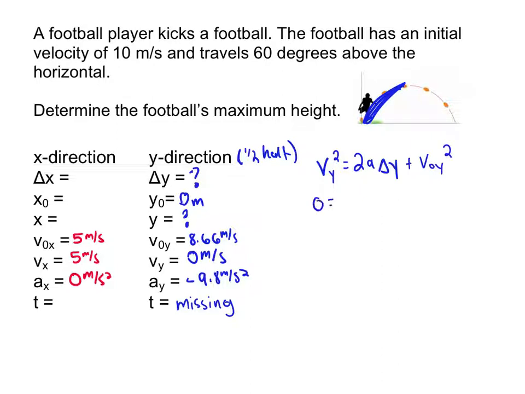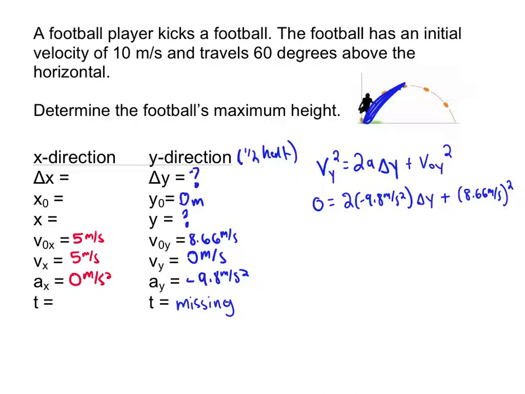Plugging in the things that we know, we have 0 is equal to 2 times negative 9.8 meters per second squared times change in y plus my initial velocity squared, which is 8.66.